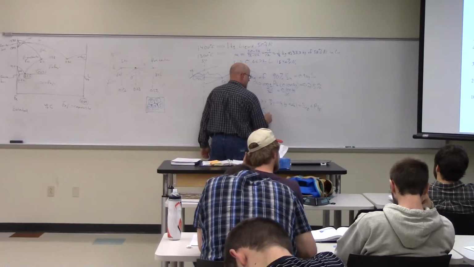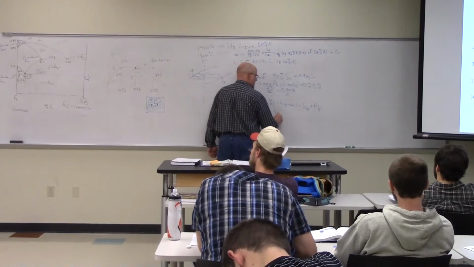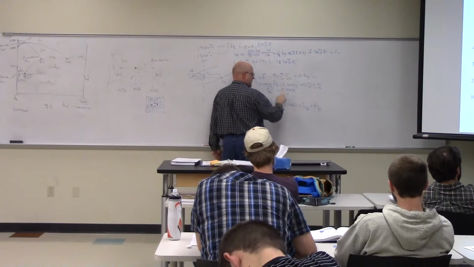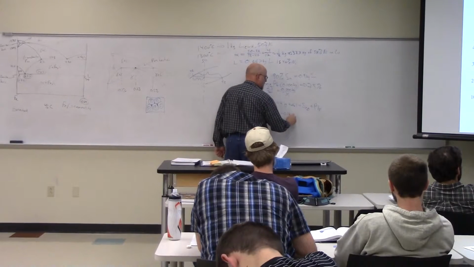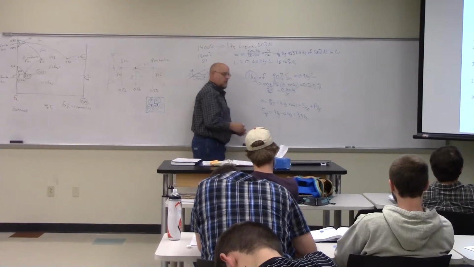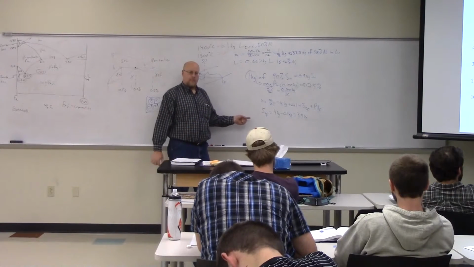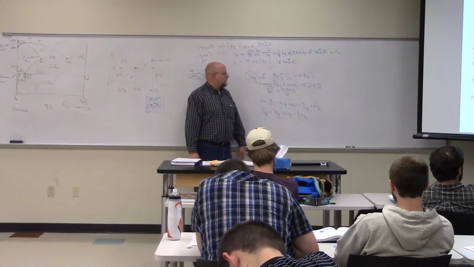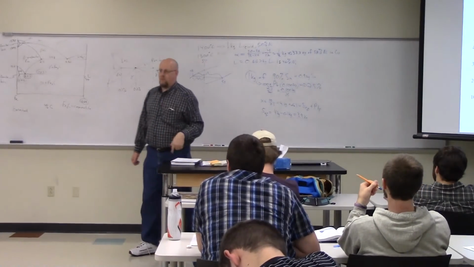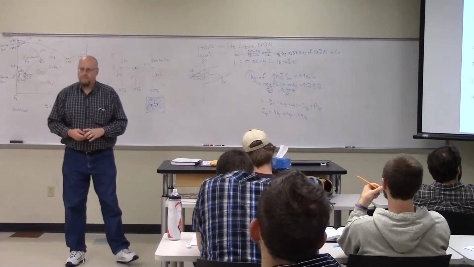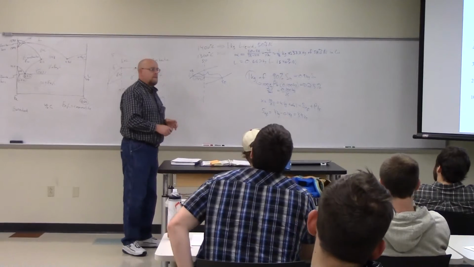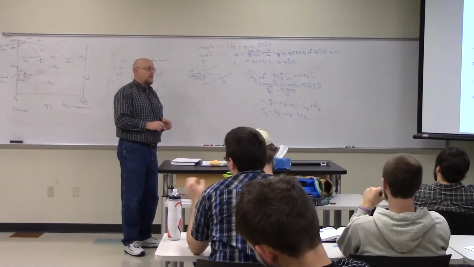So Sn, the final amount of tin, is equal to 4 kilograms minus the 0.1 kilograms of lead I started with, or 3.9 kilograms. If I end with 3.9 kilograms of tin, and I started with 0.9 kilograms of tin, that means I had to add 3 kilograms of tin. Okay? Does that make sense?